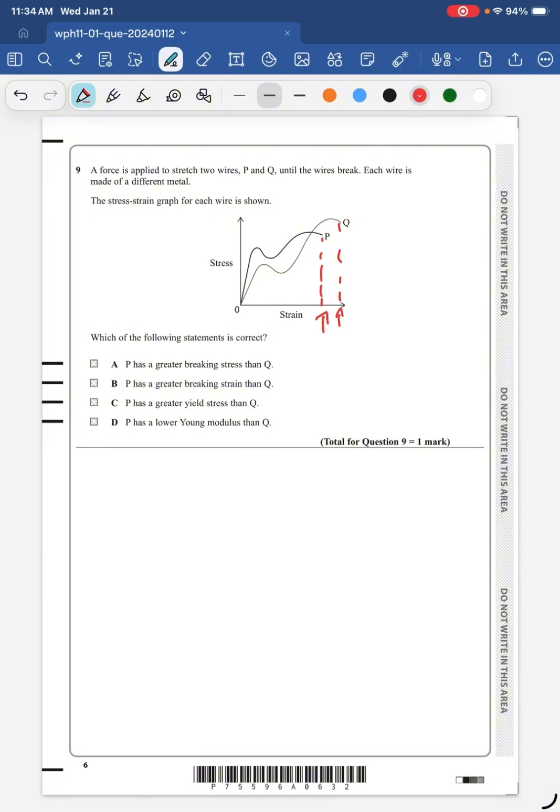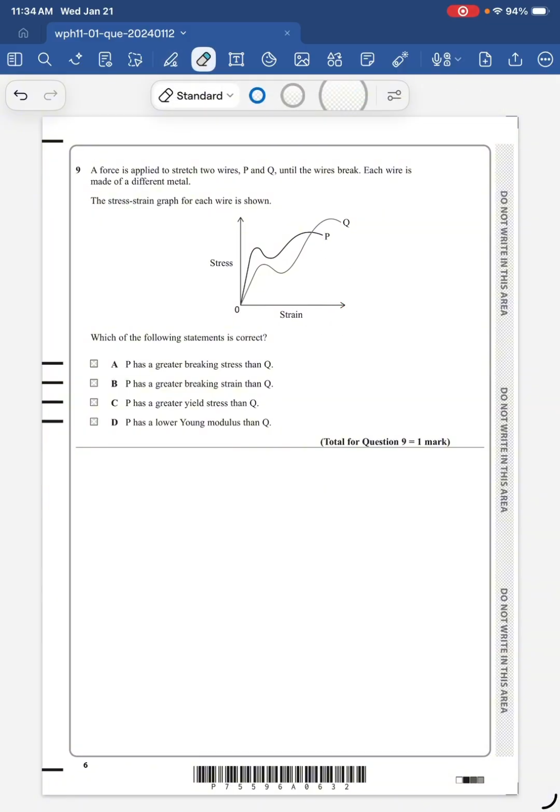P has a greater yield stress than Q. The yield stress is where the material changes from elastic to plastic deformation, right? So the yield strength for P is this one, and the yield strength for Q is this one. So P does have a greater yield stress than Q, and that's the correct answer.